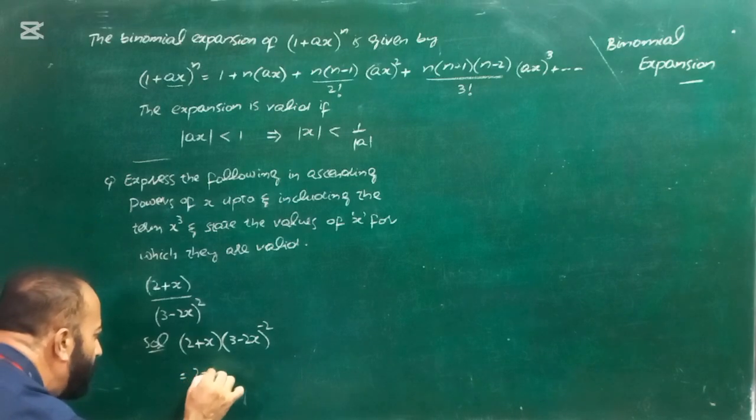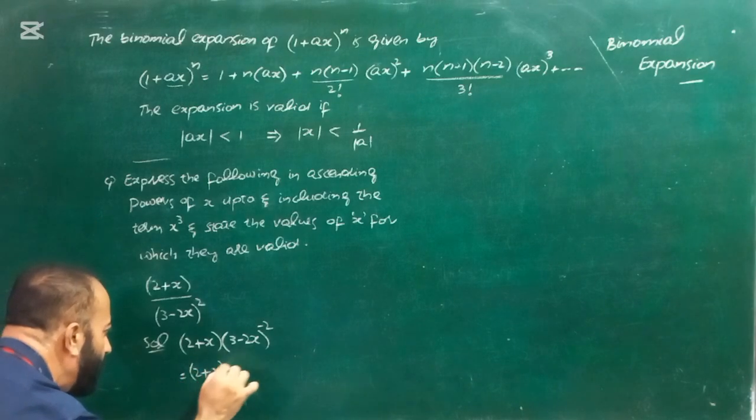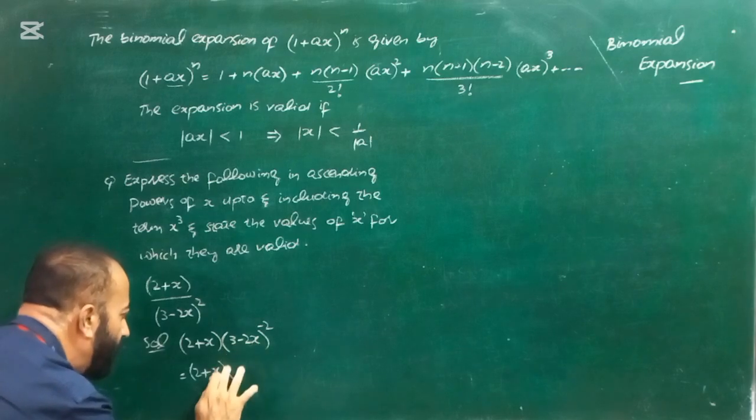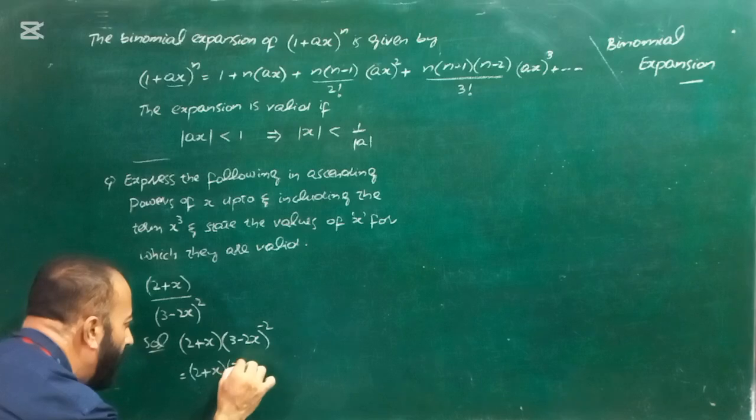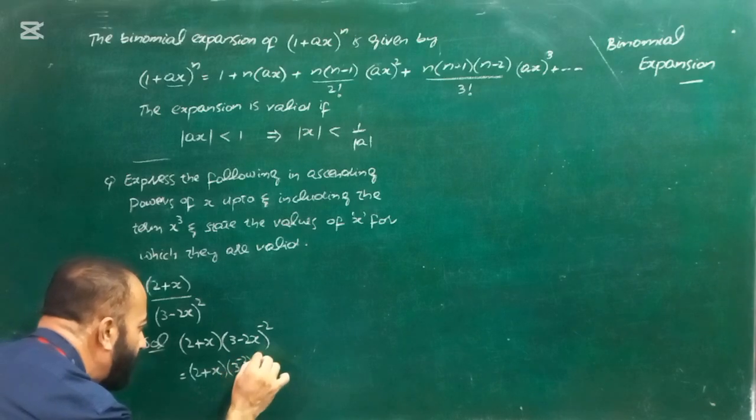From here, 2 + x will remain as it is, and from the other factor we are taking 3 common, so 3^(-2) will be taken as common.